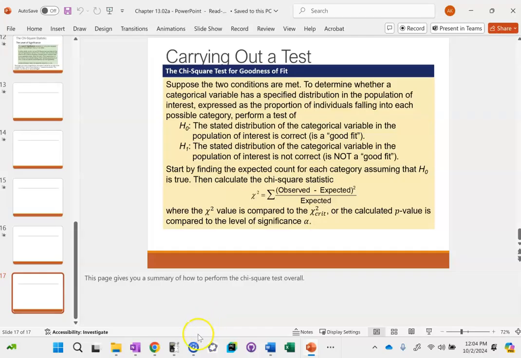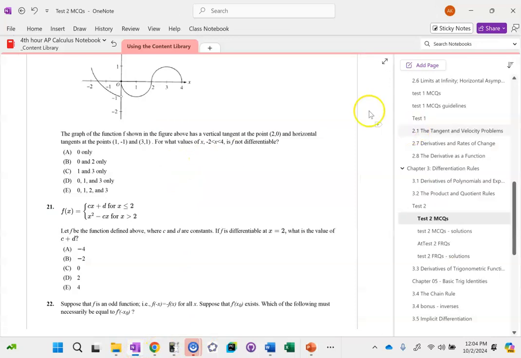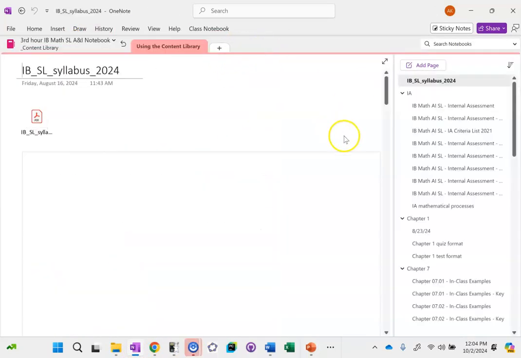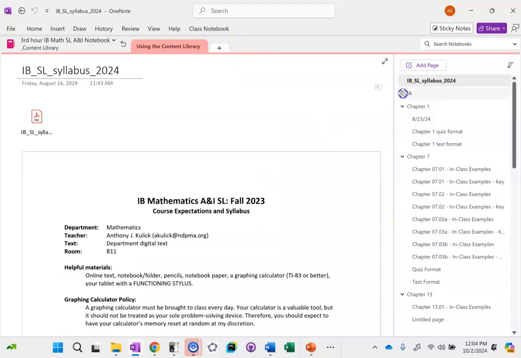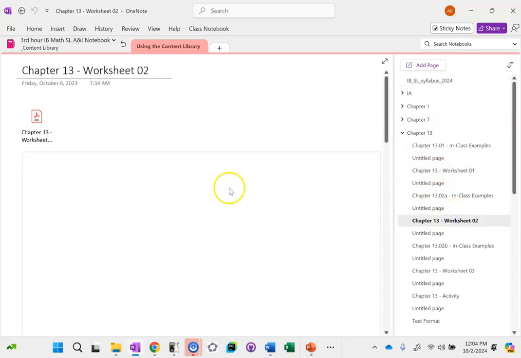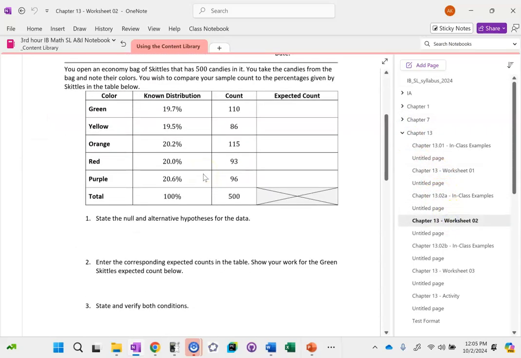Let's look at our in-class example. For this, I invite you to take out your calculator to follow along at the same time. So it says you open an economy bag of Skittles that has 500 candies in it.